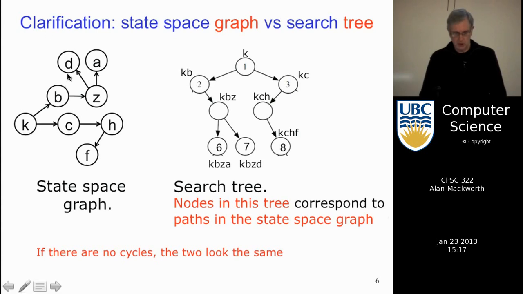But there's shared structure here. So in that case, you could still call it a tree, but it's not a strict tree, where no node has more than one parent. So it depends on your definition of tree, and in computer science, we're a little vague as to whether it means tree or strict tree. But the search tree is always a strict tree, and there's never an arc from there to there, for example. Okay.